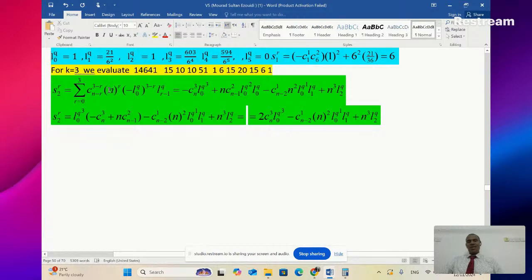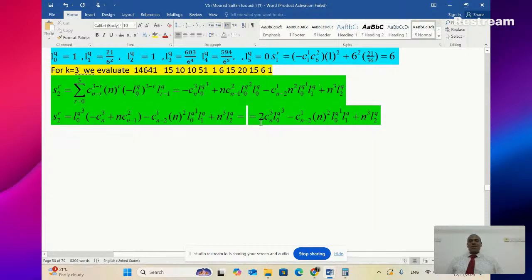The n is 6, because the highest power is 6, times minus L0 of the q raised to the power 3 minus r, times L r minus 1 of the q, equal negative combination 3 choose 0 times L0 of the q raised to the power 3, plus n times combination n minus 1 choose 2 times L0 of the q squared times L0 of the q, minus combination n minus 2 choose 1 times n squared times L0 of the q times L1 of the q, plus the cube of n times L2 of the q.